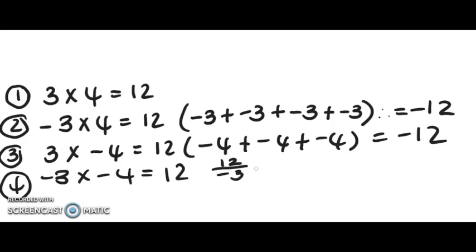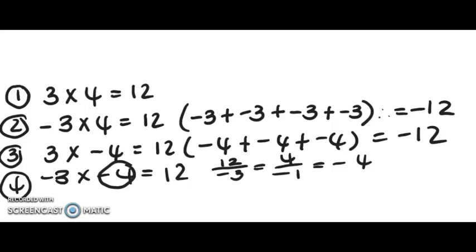That will give us 4 all over negative 1, which will give us negative 4, because 4 divided by negative 1 is negative 4. Therefore, negative 3 times negative 4 will equal 12, because as you can see, the answer will be positive.